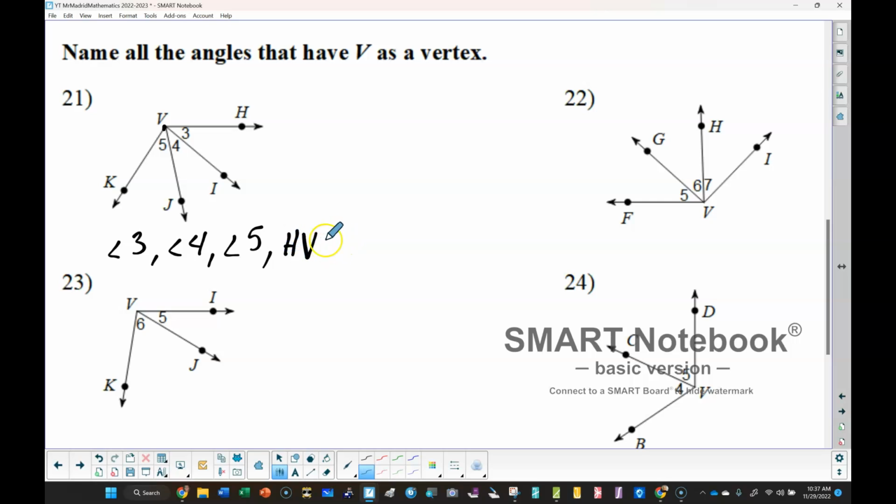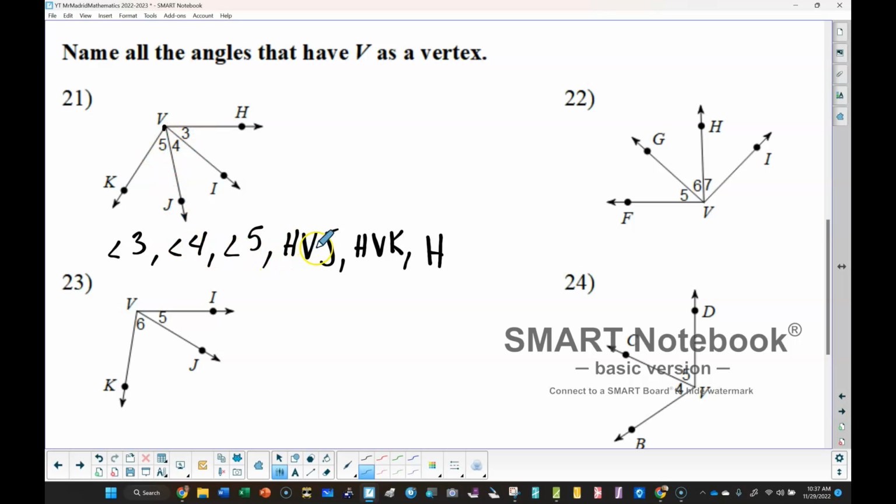HVJ. HVK. We got this one, we got this one, and let's get this one here, IVH or HVI. Let me double check something. I got 3, 4, and 5.